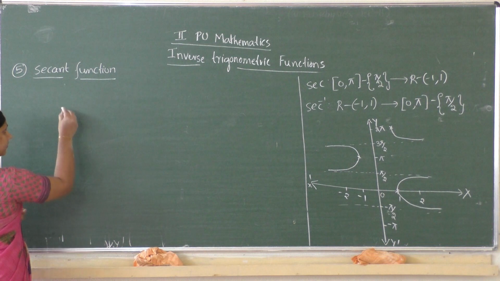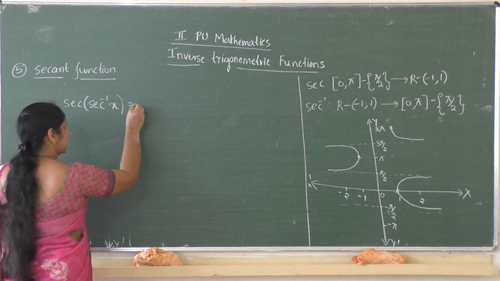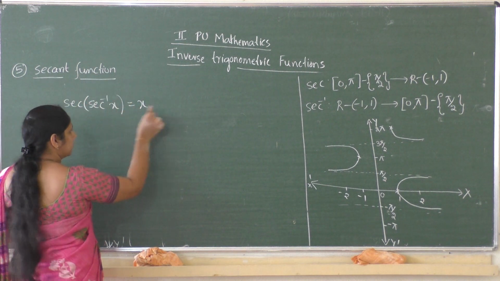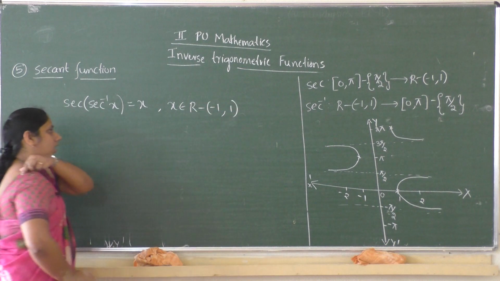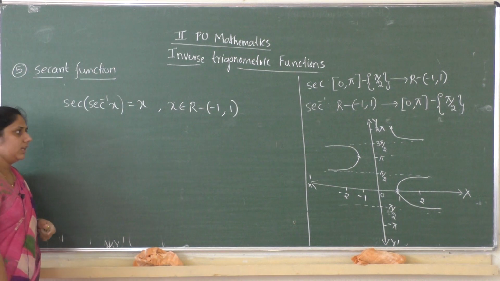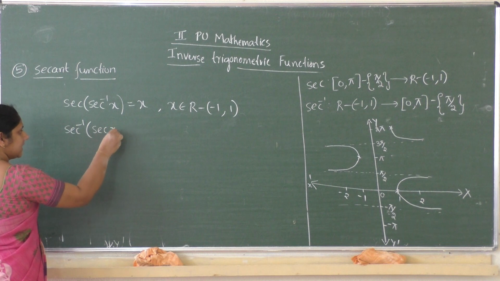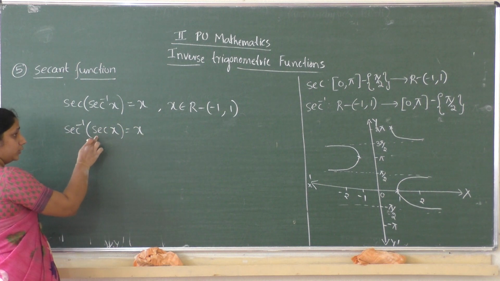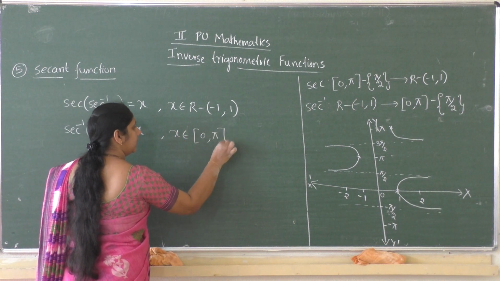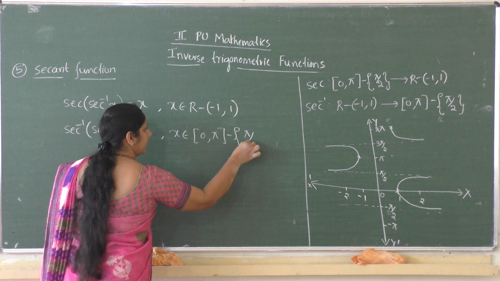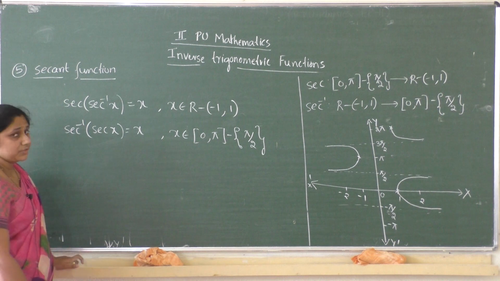That is, sec of sec inverse x equals x, where x belongs to the domain of sec inverse, that is x belongs to R minus the open interval minus 1 to 1, and sec inverse of sec x equals x, where x belongs to the range, that is 0 to pi minus pi by 2. So these are the two properties regarding the secant function.